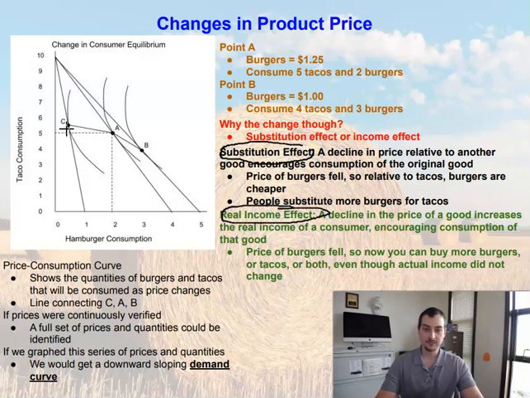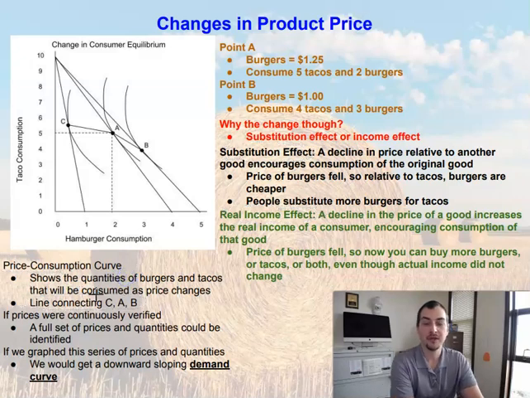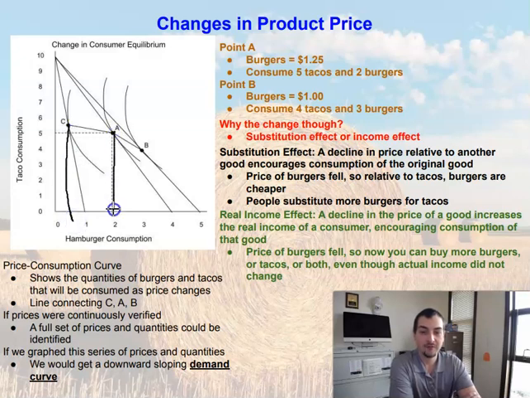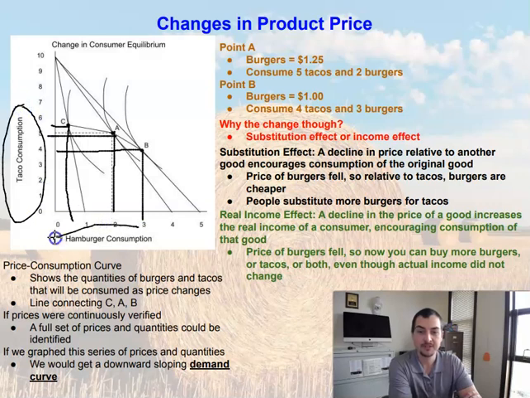Now, if you see on this chart, we have a point A, a point B, and a point C. The lines connecting these points are the makings of what is considered the price consumption curve. This price consumption curve is going to show the quantities of each good that we are going to consume, whether it's hamburgers or tacos or whatever 2 goods you decide to put on this side and this side.